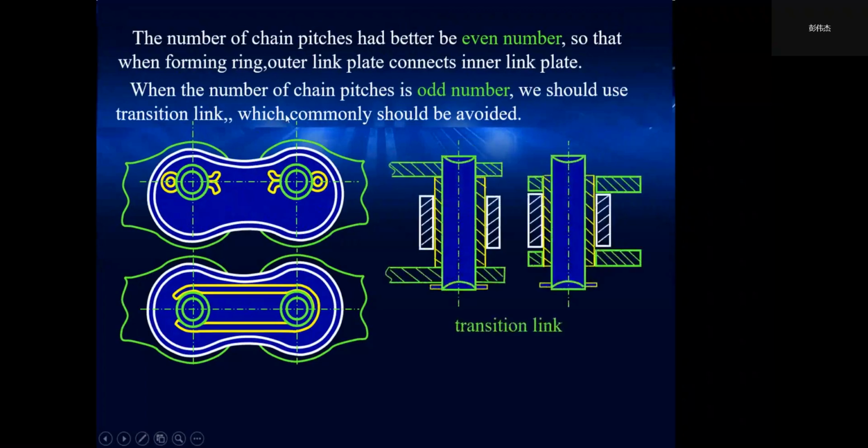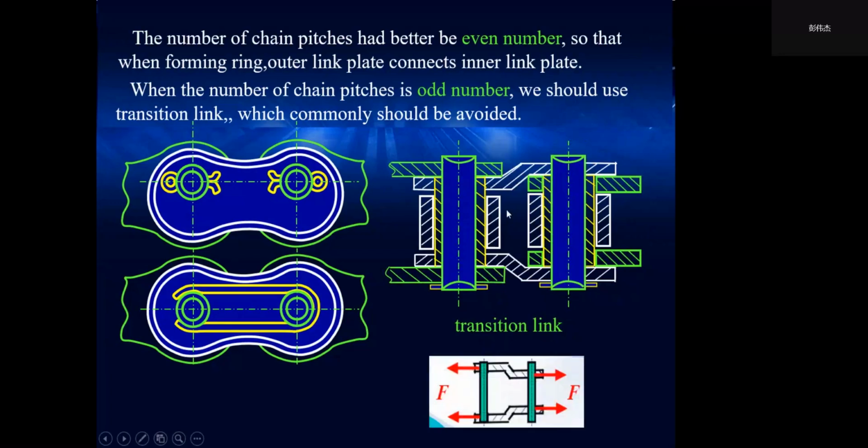But when the number of chain pitches is an odd number, we should use a transition link, like this, which commonly should be avoided because the transition link bears additional force.